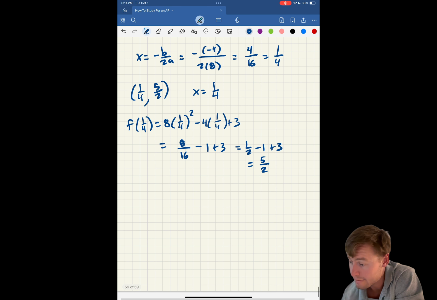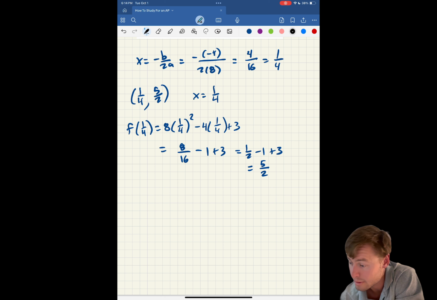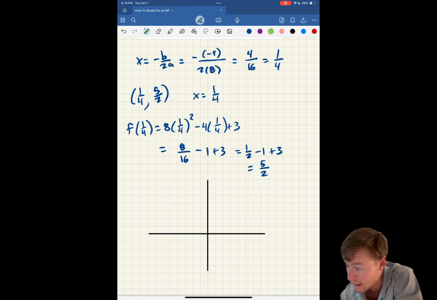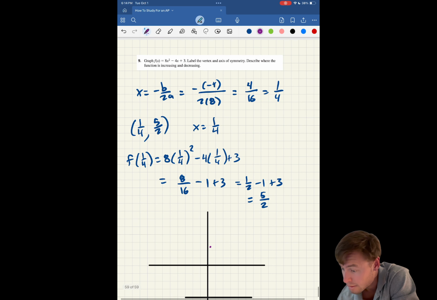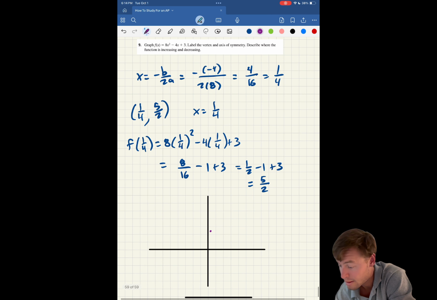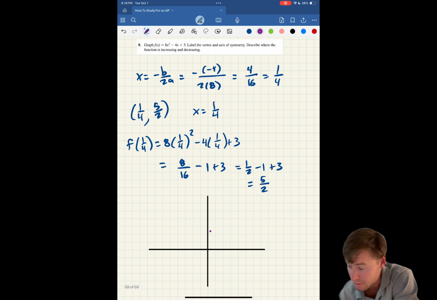And then to graph it, make a little coordinate plane. We'll graph our vertex, which is at 1/4, 5/2. And then we'll get a couple more points on it. So we'll figure out when x equals 1, what does y equal? When x equals 1, we have y equals 7.